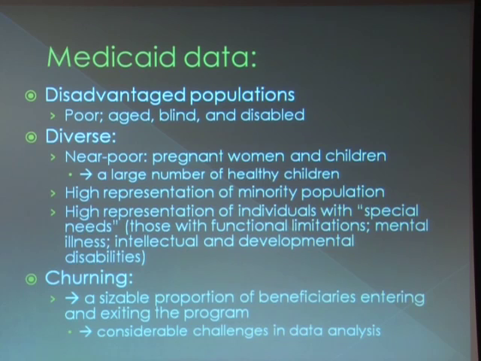So a lot of the people with disabilities, including functional limitations or mental illness that is disabling and prevents them from being able to be employed, people with intellectual and developmental disabilities, all of these people are going to be represented, or disproportionately represented, in the Medicaid program.